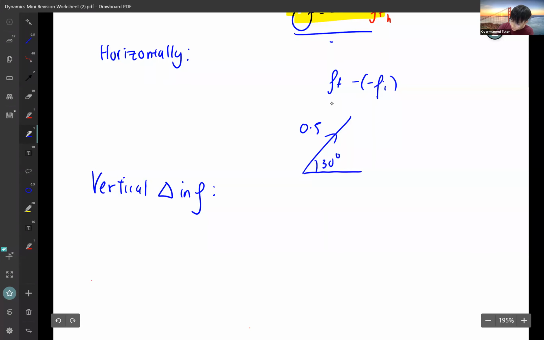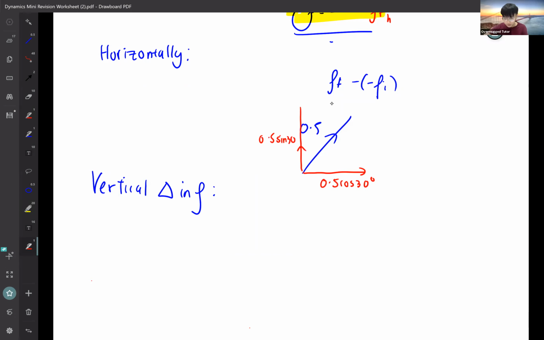When you add up the two of them, the vector diagram looks like this. If you decompose both of them, this is 0.5 cos 30, and this here is 0.5 sine 30. So for the horizontal section, you are right: the change in momentum horizontally is 0.5 cos 30 plus 0.5.